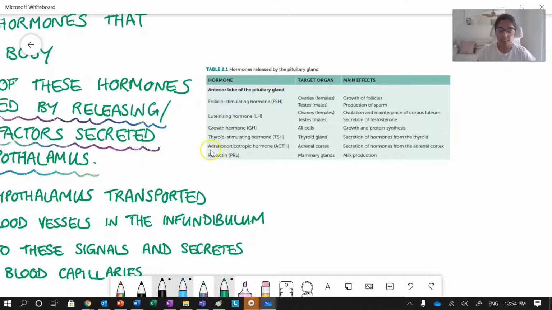Another hormone is adrenocorticotropic hormone, or ACTH. Again, you do need to be able to spell that. A good way of helping yourself spell that is by sounding out the word and saying it out loud. Adrenocorticotropic hormone, as the start of the name suggests, targets the adrenal gland, specifically the cortex.